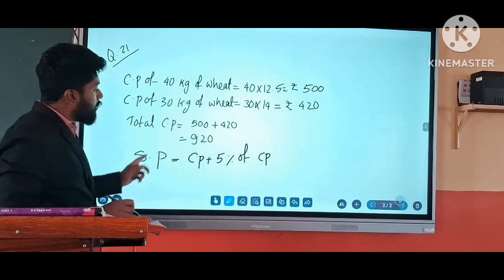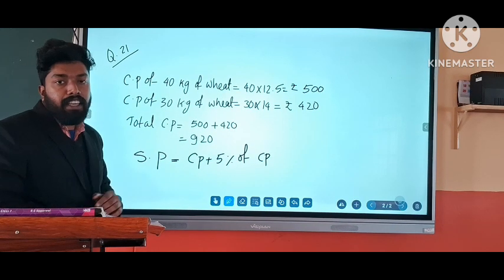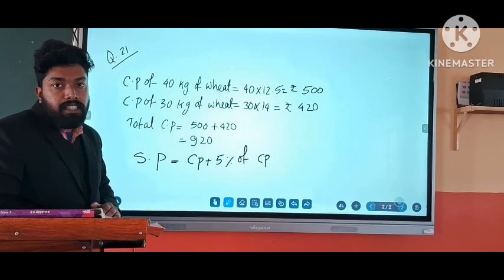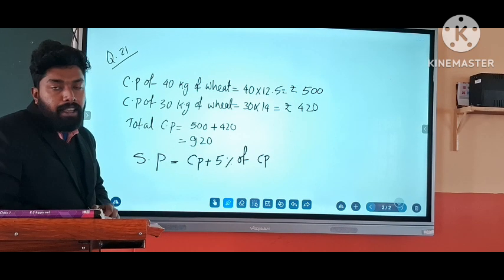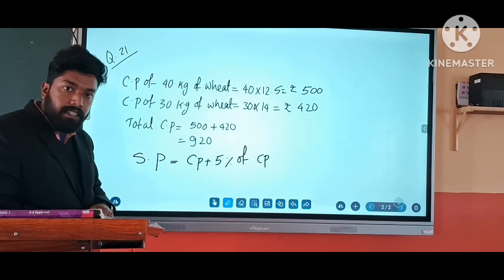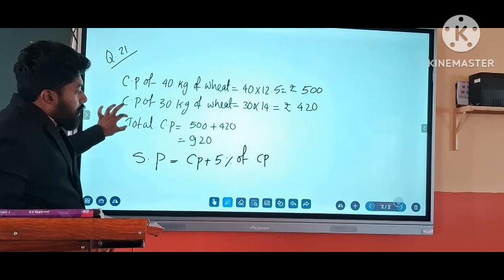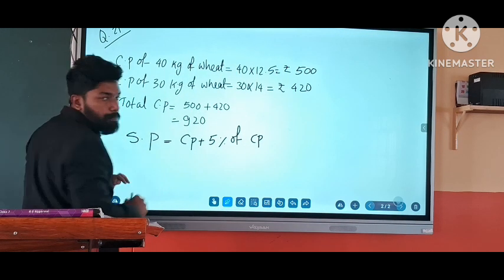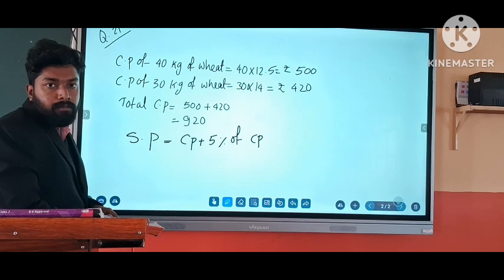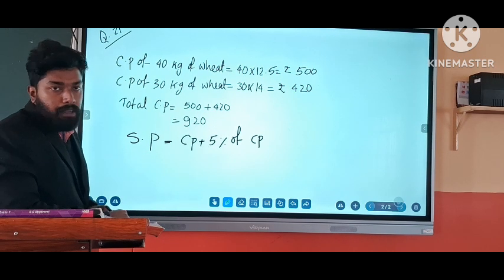If we sell the wheat under this condition, then only can we say that the business is gainful and he makes a 5% gain. Is it clear? Now, what is the total CP?